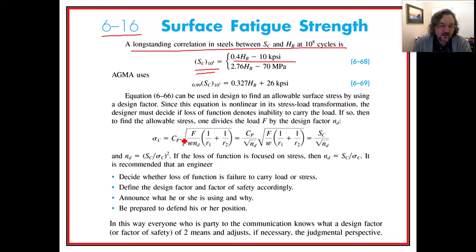This is the value that they used. Now there's this section right here that's a little confusing, so to avoid that confusion, we're just going to compare that fatigue contact strength to our contact stress right there.